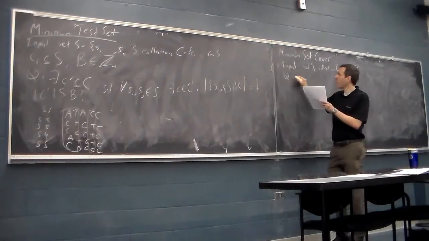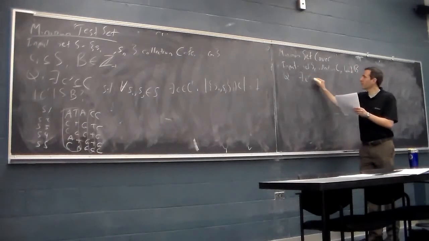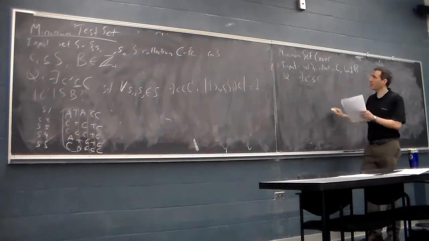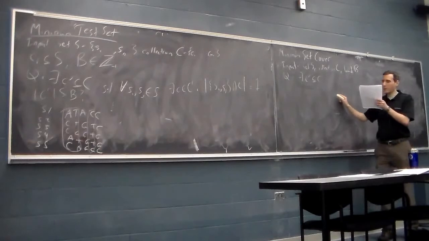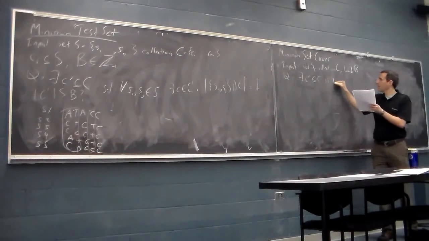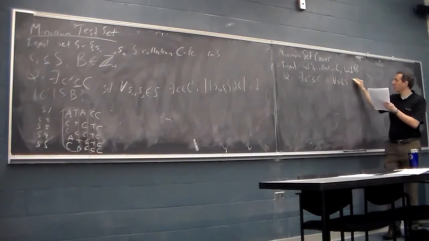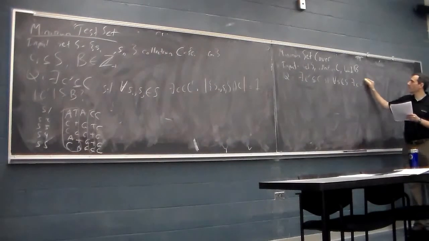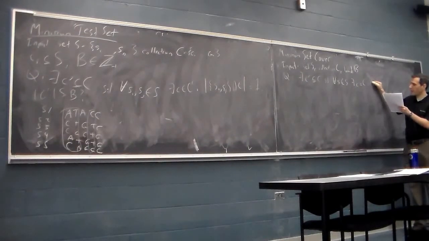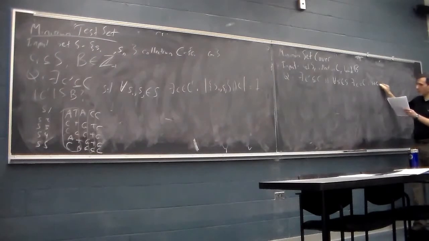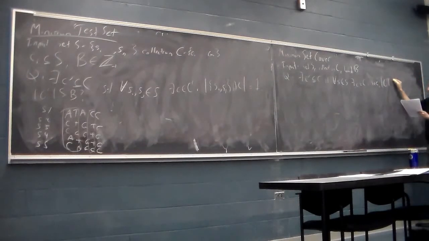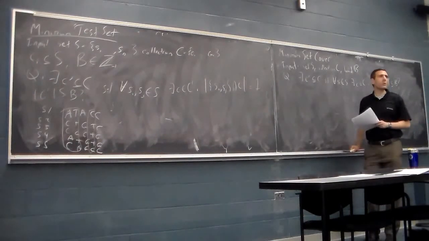And the question we want to ask is, does there exist a C prime subset of C, so a subset of elements of the collection, such that for any s in S, there exists a little c in C prime, such that s is in little c, and such that the size of C prime is less than or equal to B. And this also may be a little unclear just from the definition, but I think an example makes clear what we're trying to do here.